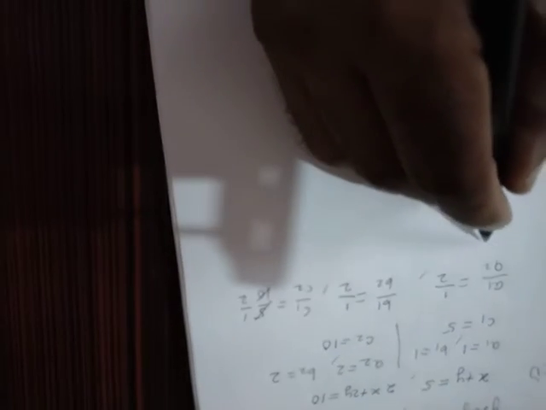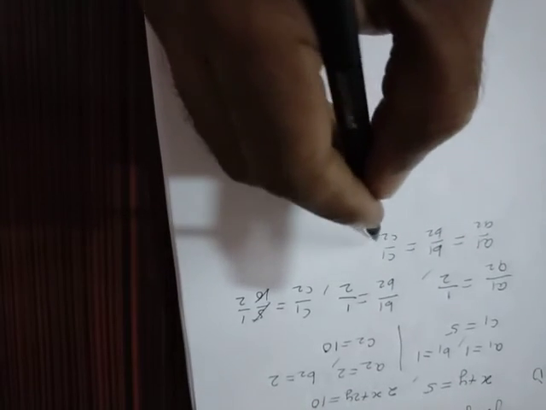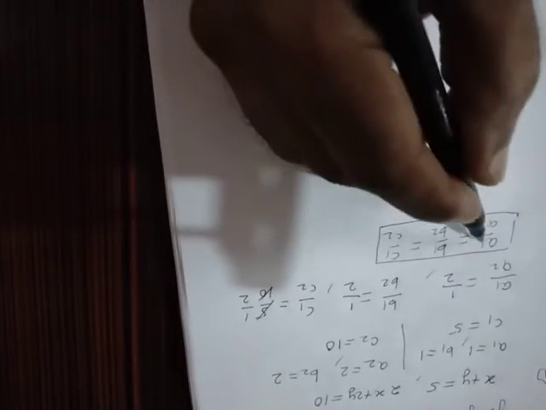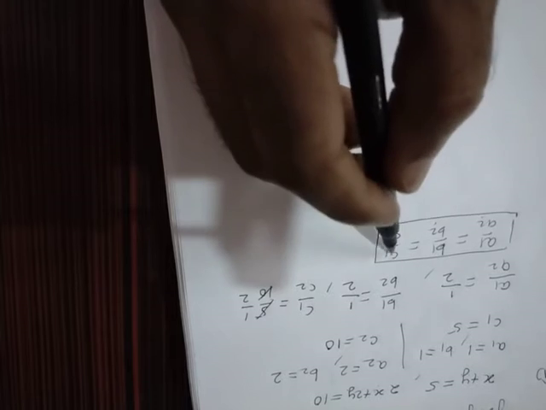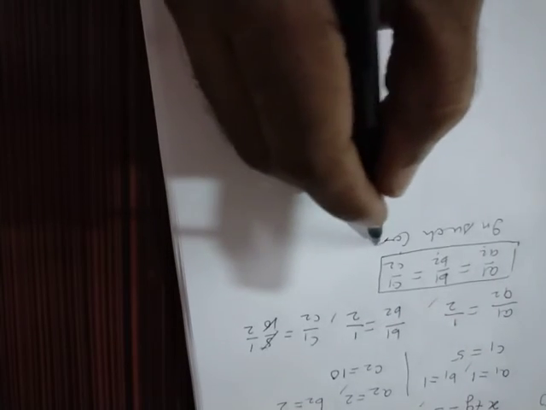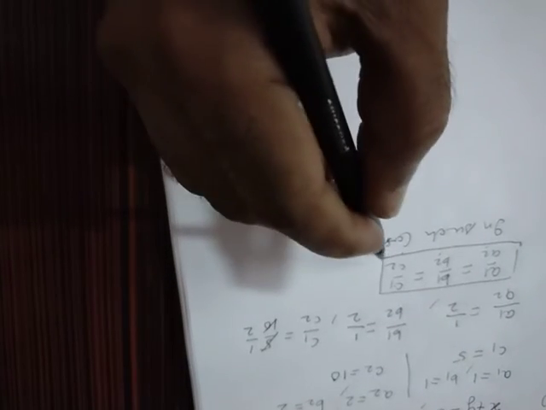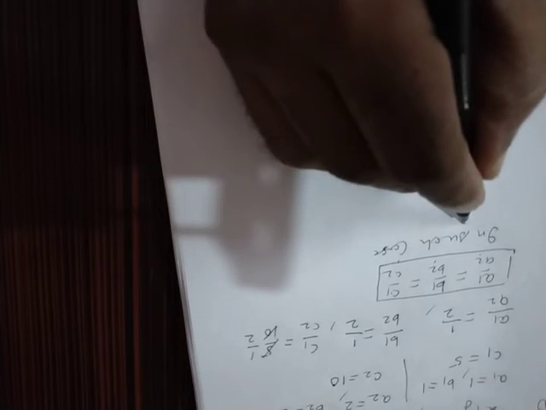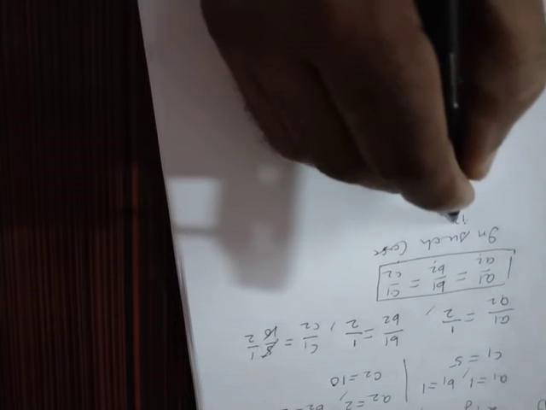Now student, a1 upon a2 equal to b1 upon b2 is equal to c1 upon c2. These three, a1 upon a2, b1 upon b2, c1 upon c2 are equal. In such case, you used to write infinitely many solutions.